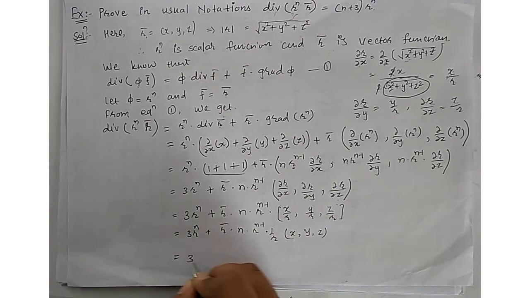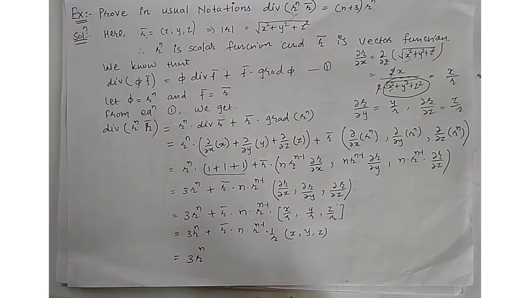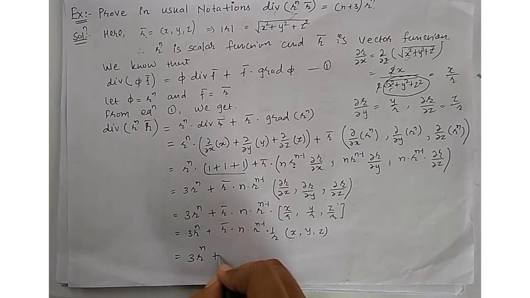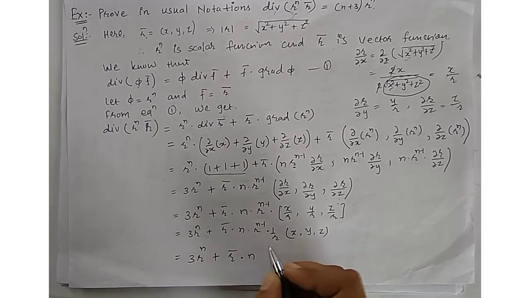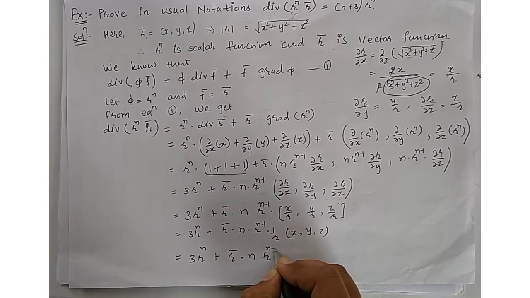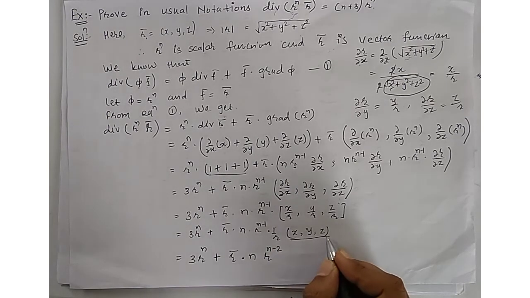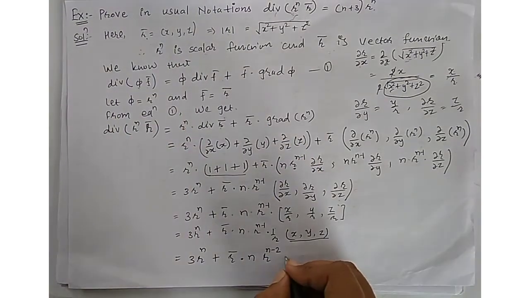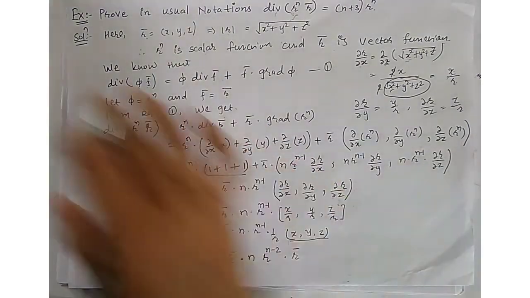So is equal to 3 into r to the power n plus r bar into n, here 1 upon r is r to the power minus 1. So here is n r to the power n minus 1, and here is minus 1, so it will become n minus 2, and x, y, z is nothing but my r bar, so into r bar.